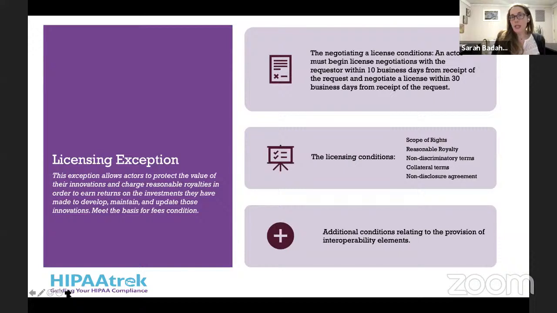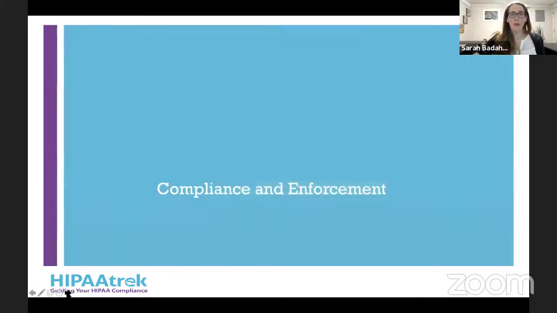So you have 10 days from the time you receive a request to start the negotiation process, and 30 days to complete the negotiation process, right? And if you are unable to come to an agreement, then you're not able to release the information. So there's the licensing exception.